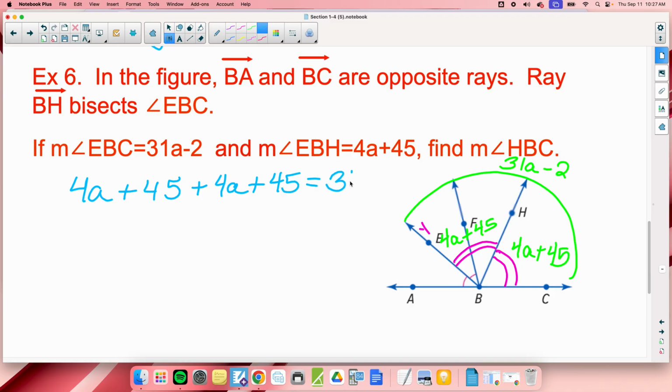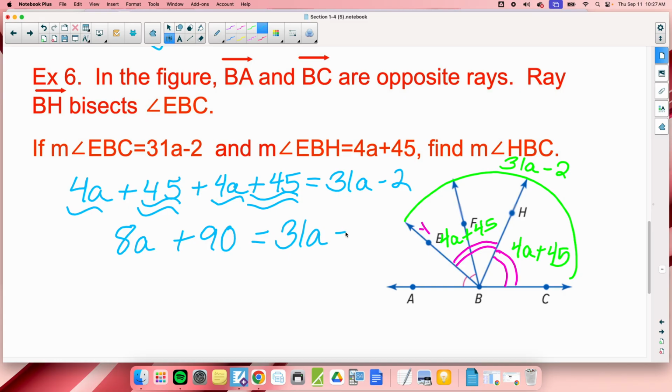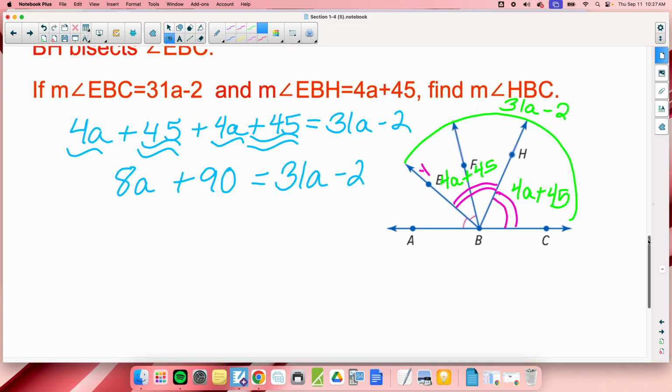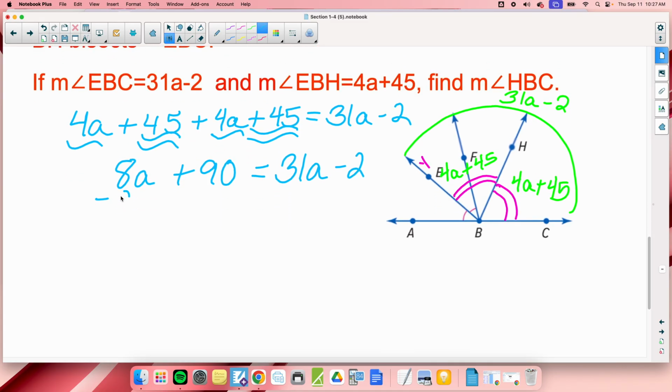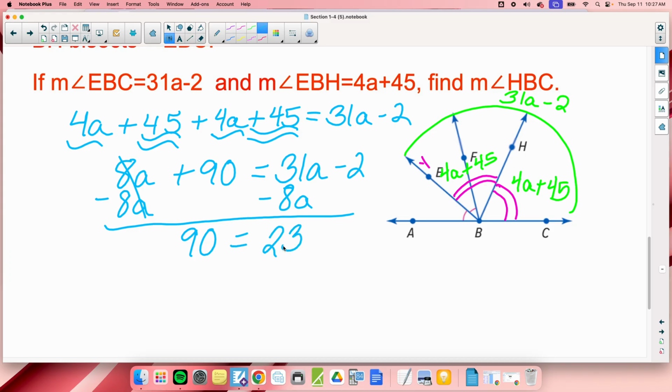equals 31A minus 2. Okay? Now, 4A plus 4A is 8A. 45 plus 45 is 90. And that equals 31A minus 2. Now, I'm going to bring that 8A over to the 31A because 8 is smaller. And I get 90 equals 23A minus 2.